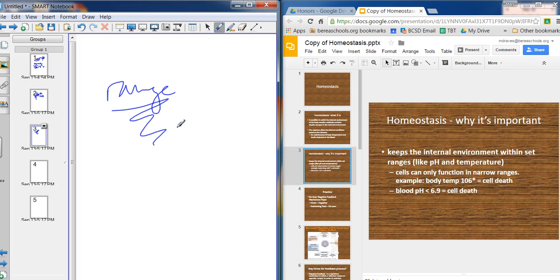Cells can only function in narrow ranges, otherwise you'll have cell death. For blood pH, if there's anything less than a 6.9, then the result of that is cell death.